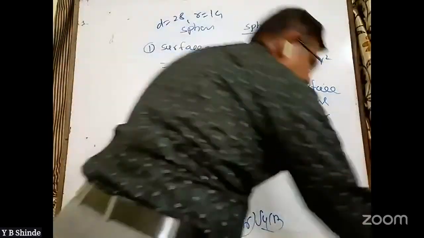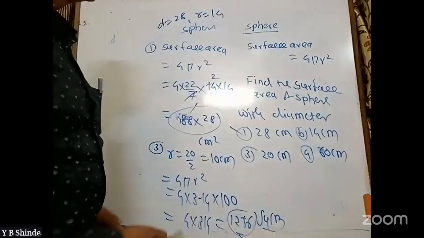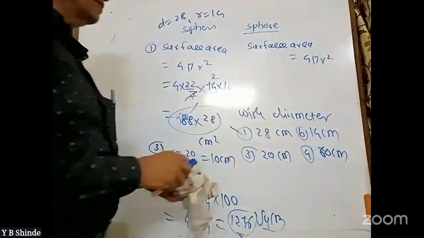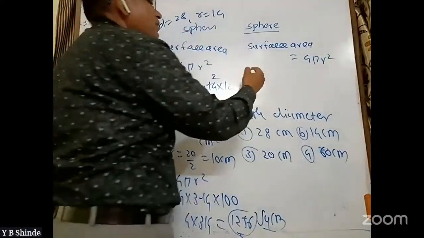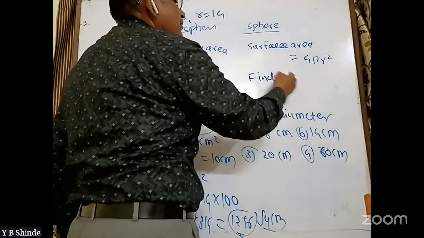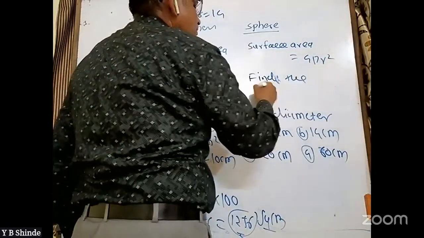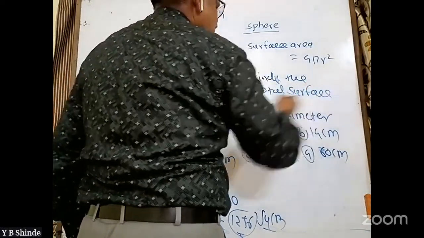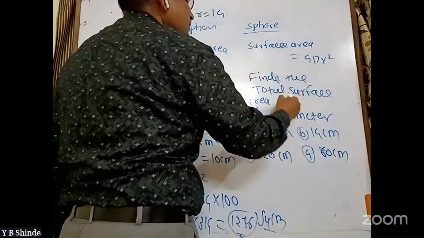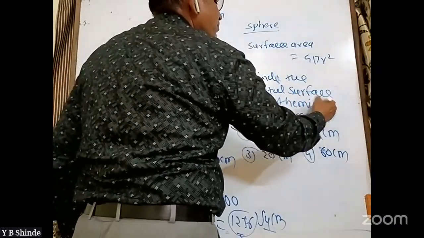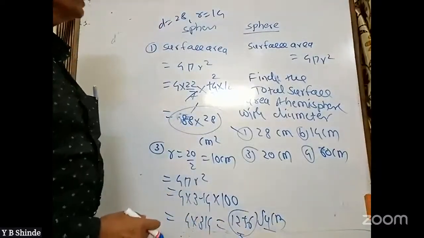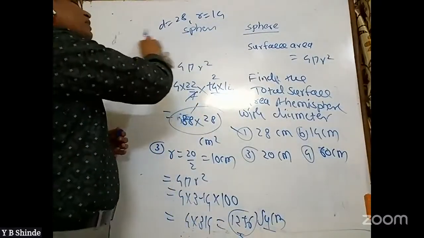Again, I will change the problem. In place of sphere, I have written hemisphere. Find the total surface area of hemisphere. Same problem. So what do I have to change? I have to change only the formula.